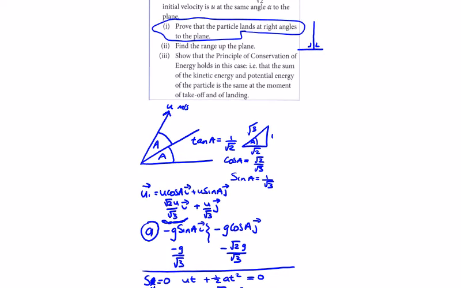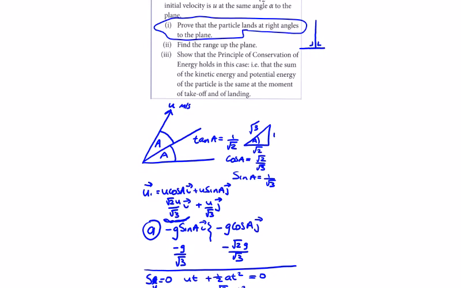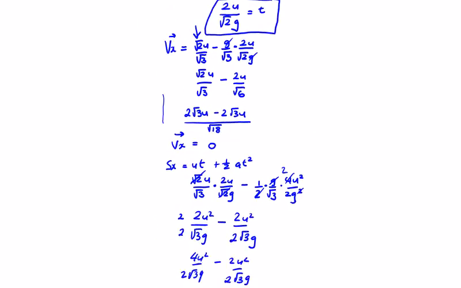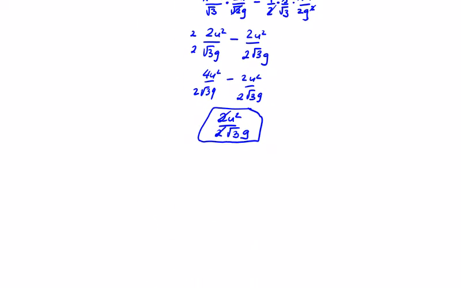The last part of this question: show that the principle of conservation of energy holds in this case, i.e. that the sum of the kinetic and potential of the particle is the same at the moment of takeoff and of landing. Okay, let's see what's going on here. The particle is taken off and has landed up here.